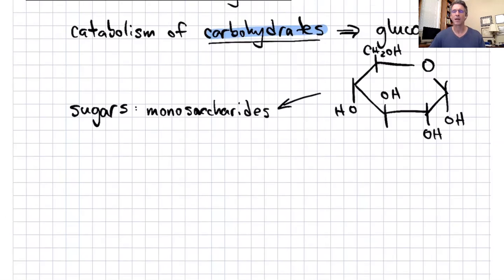Monosaccharides are essentially carbonyl-containing derivatives of polyalcohols, and they're put together from a pretty simple chemical formula overall. It looks something like this: (CH2O)n, right? And you just repeat this, and you basically build up a monosaccharide, right?